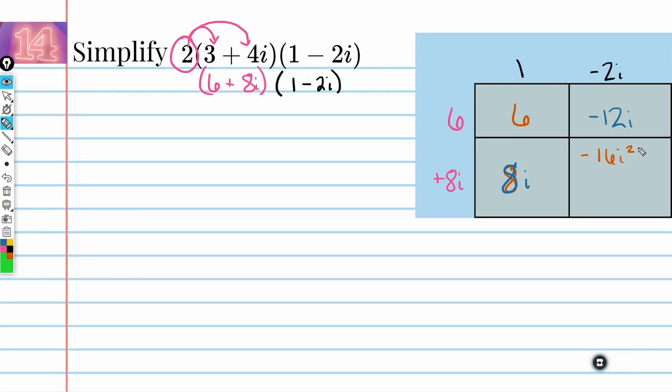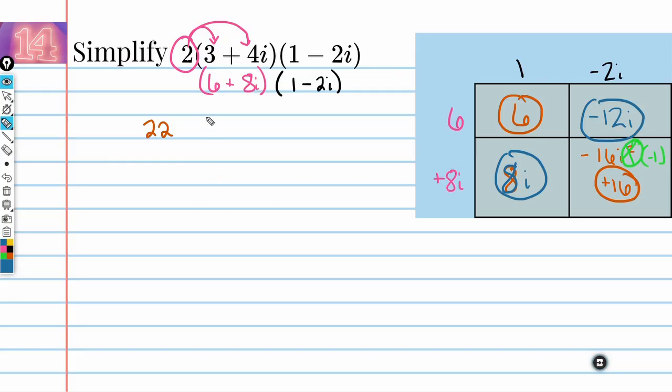As we just talked about, i squared is negative 1. So negative 16 times negative 1 is a positive 16. When we add our two real numbers together, 6 plus 16 is 22. When we add our two imaginary numbers together, 8i plus a negative 12i gives us a negative 4i. So that product is the complex number 22 minus 4i.